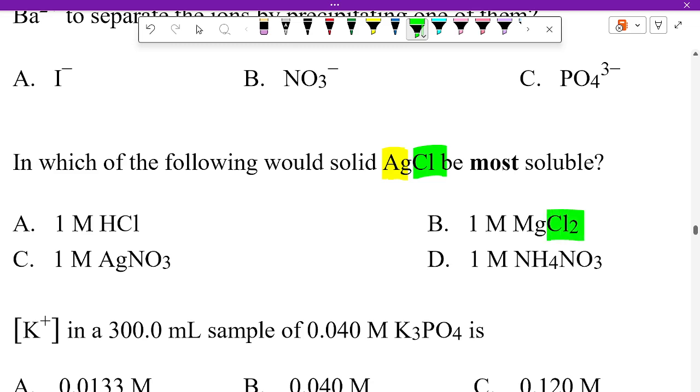So I've got chloride. That would make it low solubility. I've got chloride and I've got silver. All of those are common ions, which means that the one in which it would be the most soluble would be NH4NO3 because that does not have a common ion. So it's not pushing that equilibrium the other way.